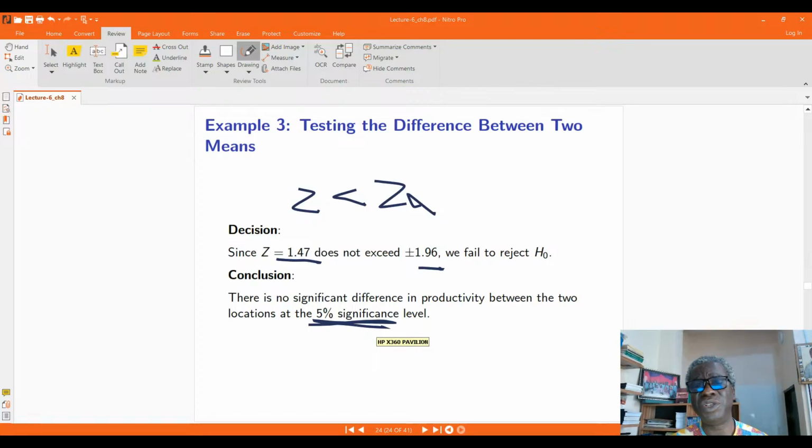Which means you are 95% confident about the decision that you have taken.